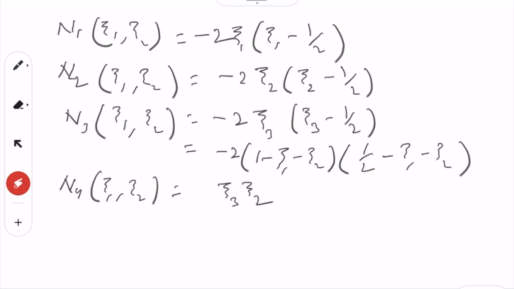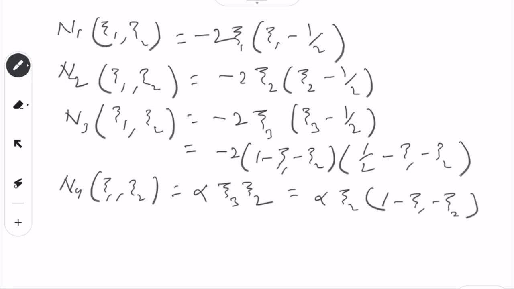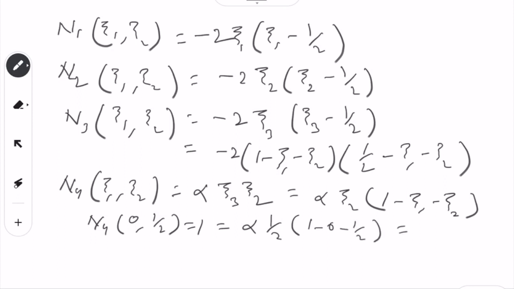So first we expand: n4 is equal to some value alpha times xi2 times (1 minus xi1 minus xi2). n4 at xi1 equal to 0, xi2 equal to half should equal 1, so alpha times half times (1 minus 0 minus half), so half times half gives alpha by 4 equal to 1.